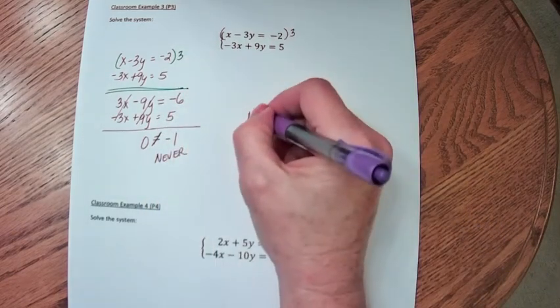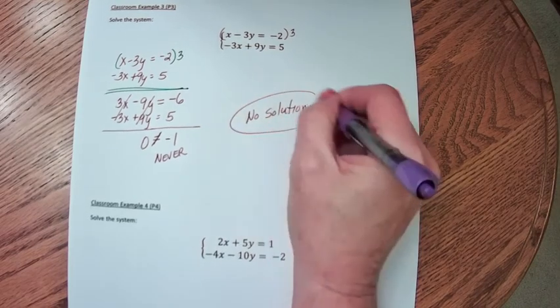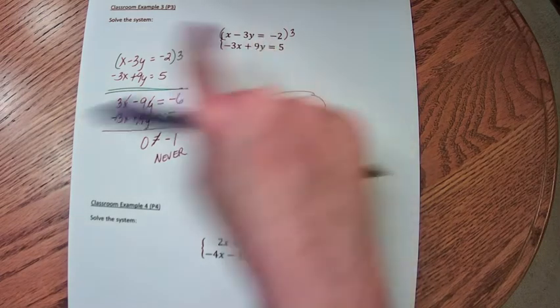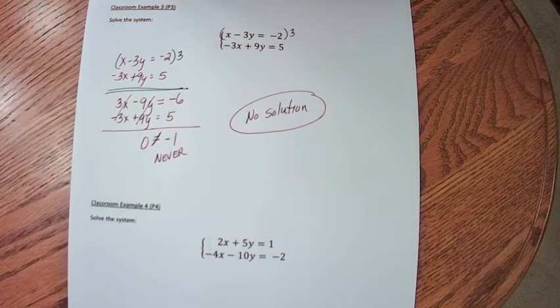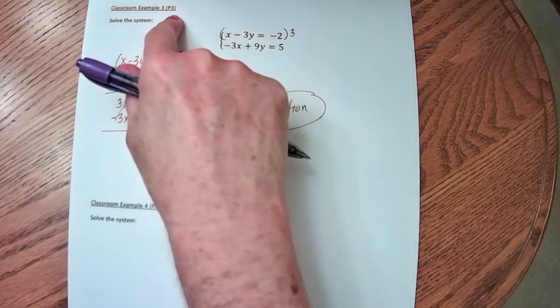Contradiction means no solution to the system. There's no x, y value that will ever make my original 2 equations in my system true. All right, so why don't you try practice 3?